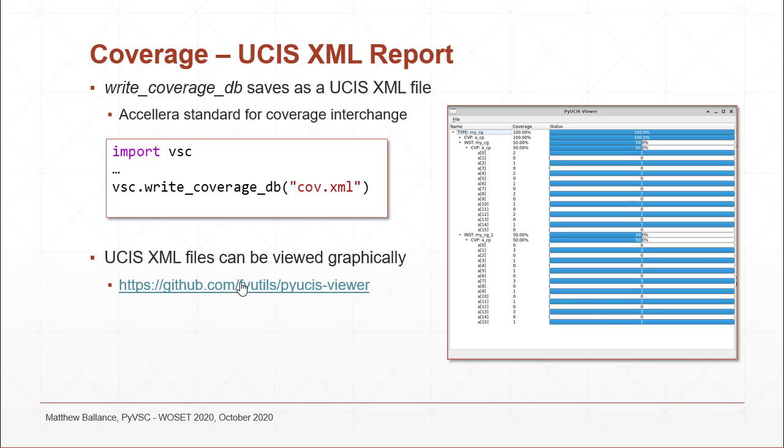One thing that we can do with it is to view it graphically. There's a little viewer, PyUCIS viewer on GitHub that you can use to look at your coverage in a graphical manner like this. So if you're integrating PyVSC into your environment and you want to look at coverage, you'll want to make sure that you call the right coverage DB method before your environment exits.